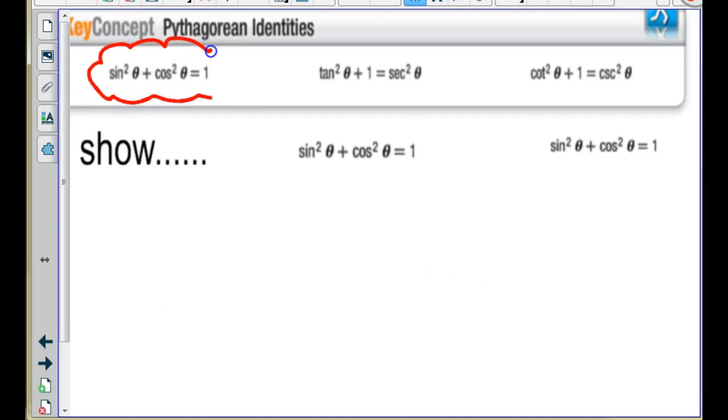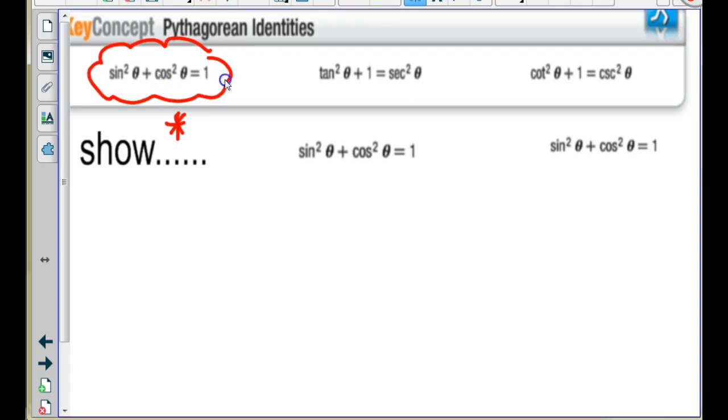So I know a couple years ago, these kind of questions were on the University of Chicago's math placement test, and you couldn't use a reference sheet. Okay? But if you can memorize this one, the other two are just forms of that.